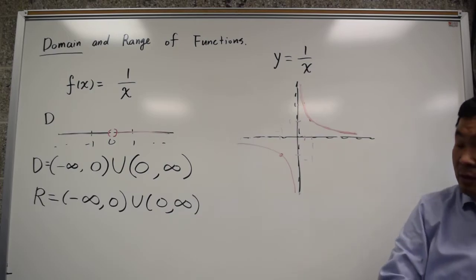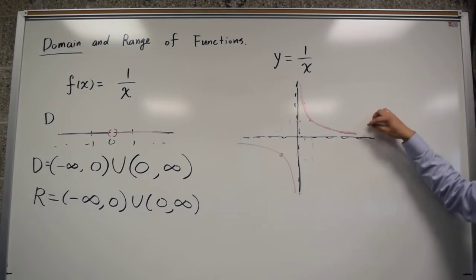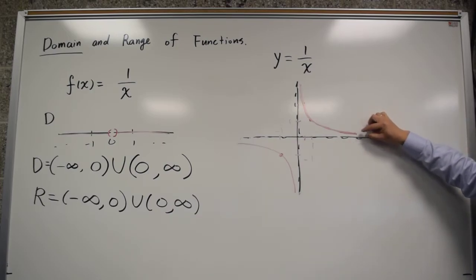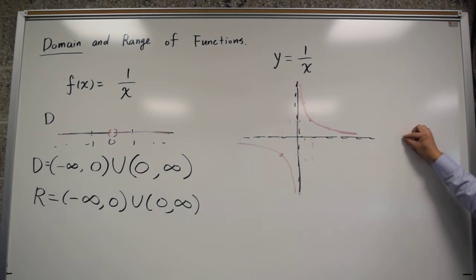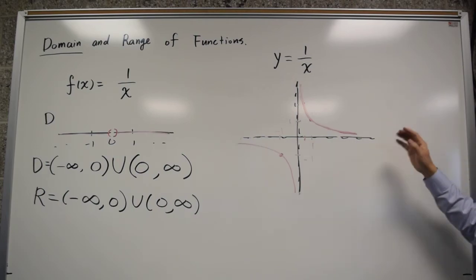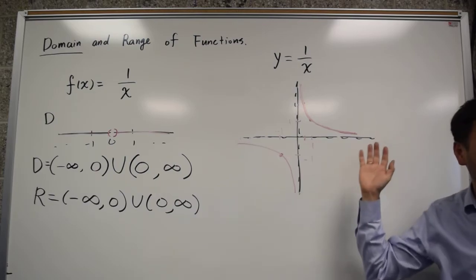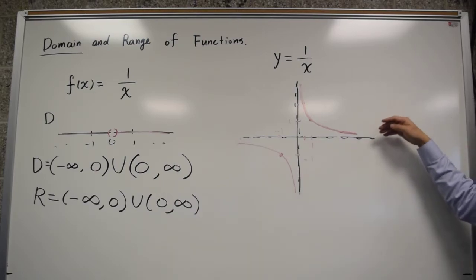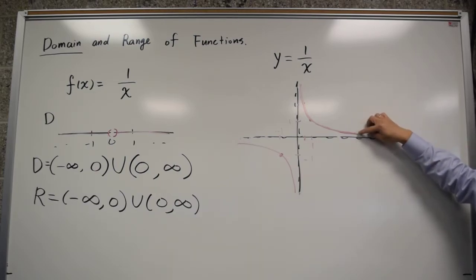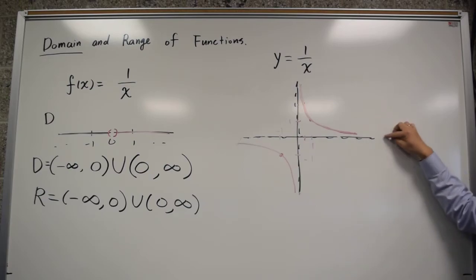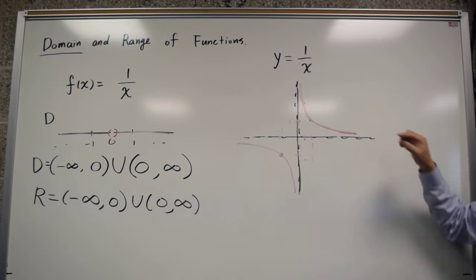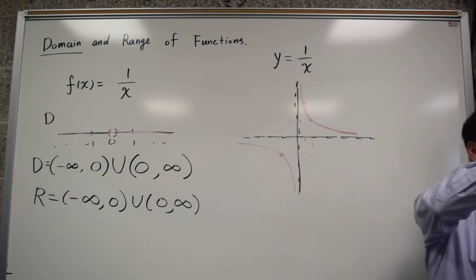So if you look at this, if you extended it pretty far out, and if you did this with a graphing calculator, you'd have a hard time distinguishing the graph itself and the x-axis because they become so close together. Okay?